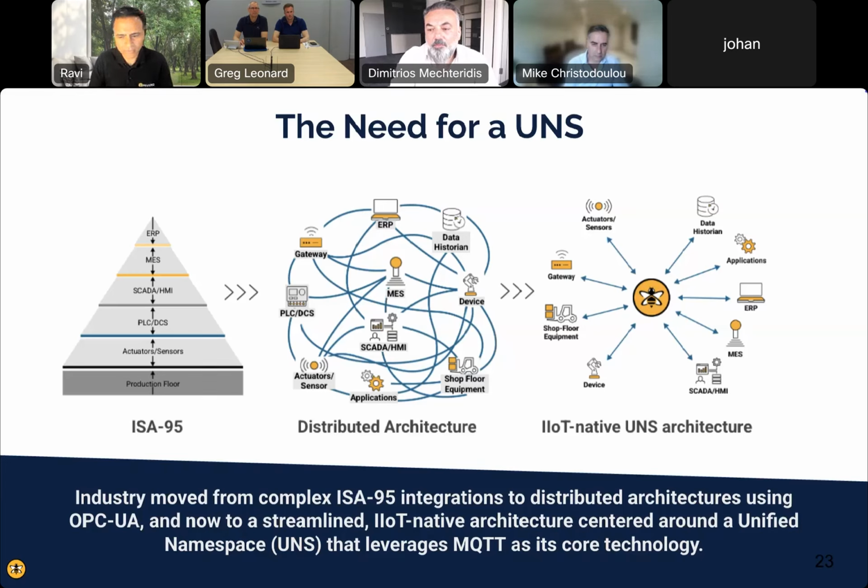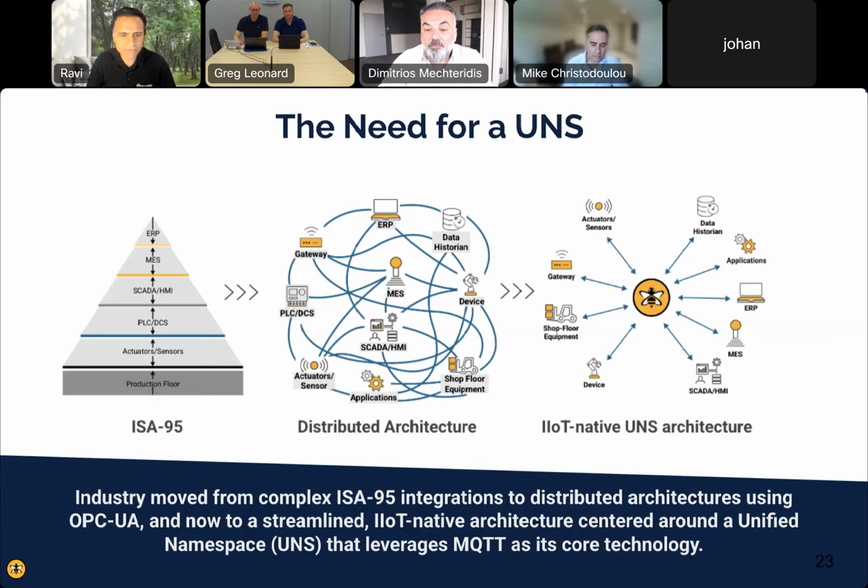What we are proposing through our unified namespace architecture, and with the MQTT broker, is this hub and spoke model, where you have the centralized broker, and every sensor or every software or application or system goes through that in terms of publishing data and subscribing to the data.